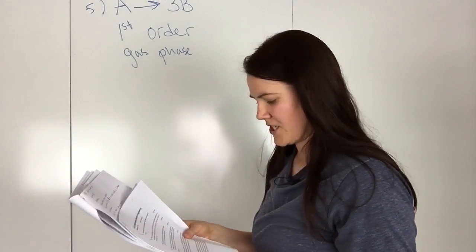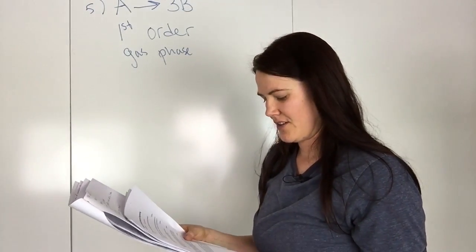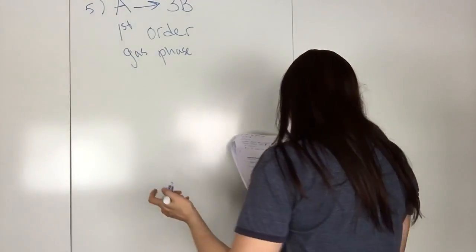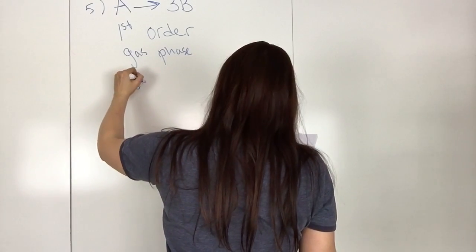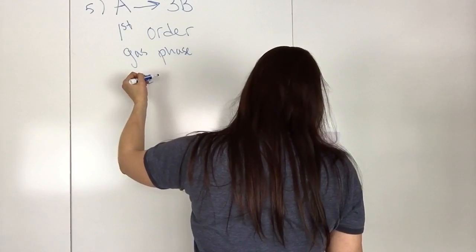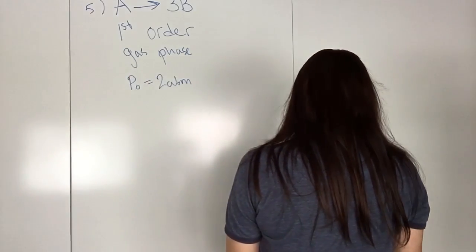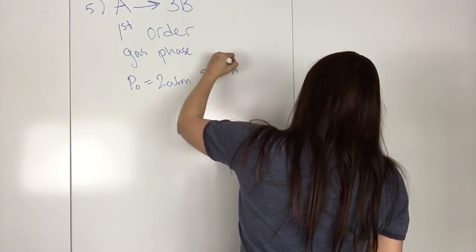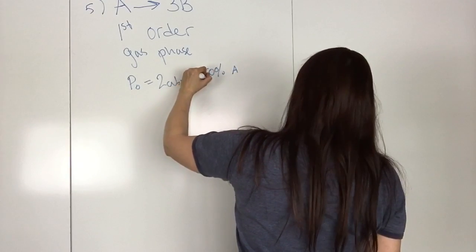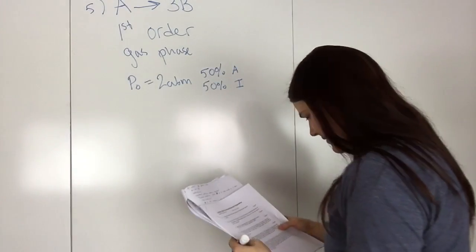And the initial pressure, which is constituted with 50% A and the rest inerts, is 2 atmospheres. So we know that P naught is 2 atmospheres and it's 50% A and 50% inerts.